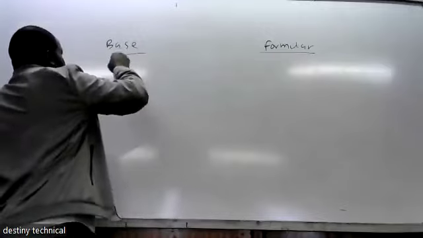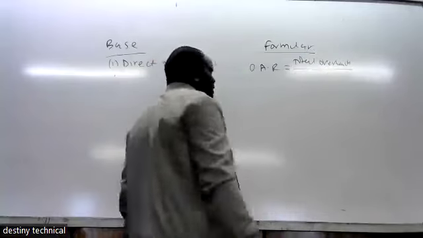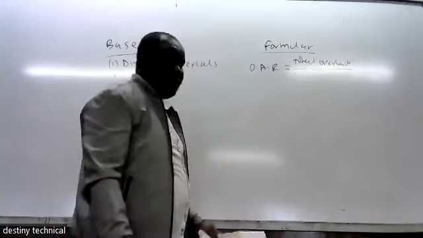So the base as direct materials. The formula for the overhead absorption rate will be equal to the total overheads divided by the direct material costs.